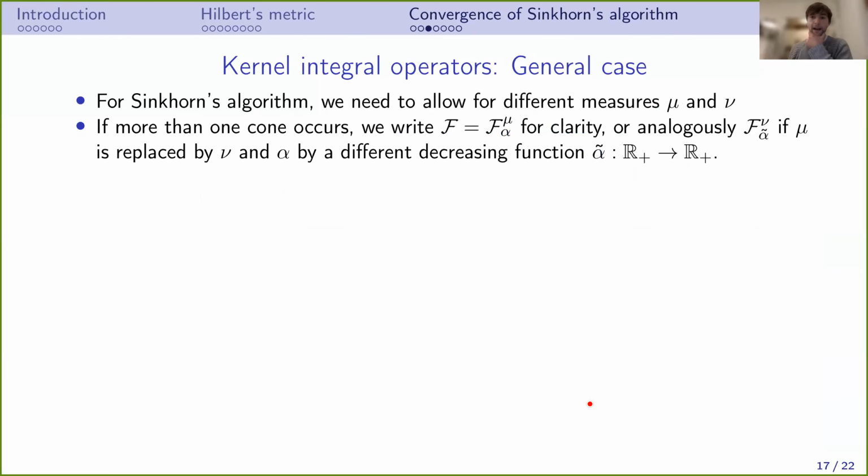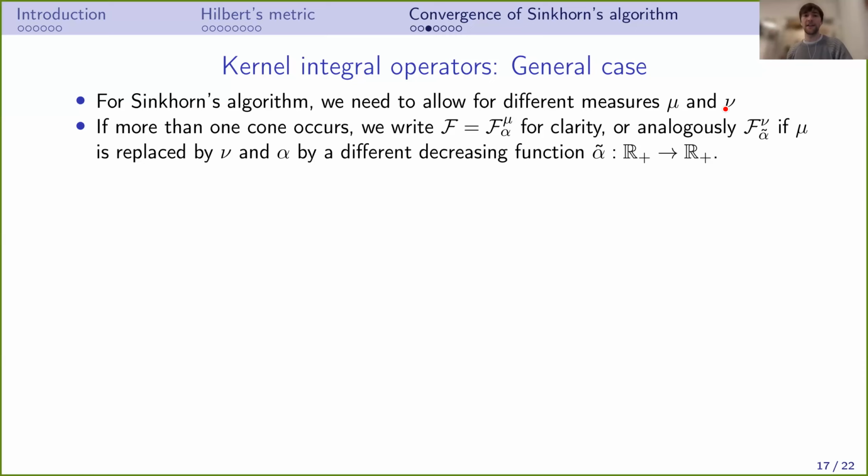Okay, so I shortly just want to say that, of course, for Sinkhorn's algorithm, we need to allow for different measures mu and nu. In the previous theorem, we just looked at one measure mu, but actually this kernel integral operator connects these two marginals mu and nu.